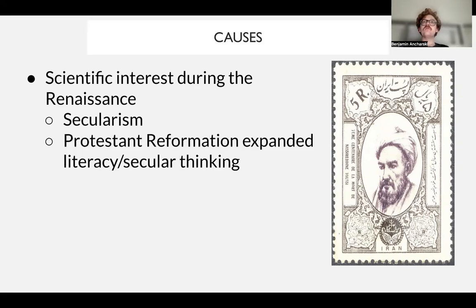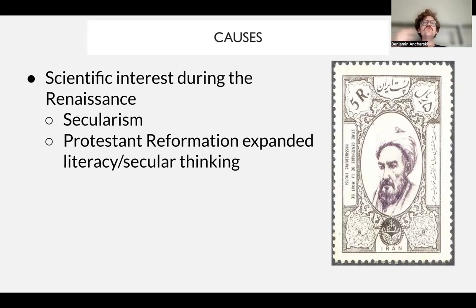But another development that we've already talked about that will be a cause of the scientific revolution is the Protestant Reformation. And the Protestant Reformation will impact the scientific revolution in two ways. For one thing, the Protestant Reformation opened the doors for anybody to criticize the Catholic Church. During the Protestant Reformation, that criticism was largely about religion.